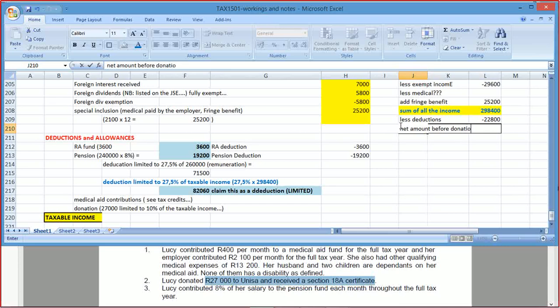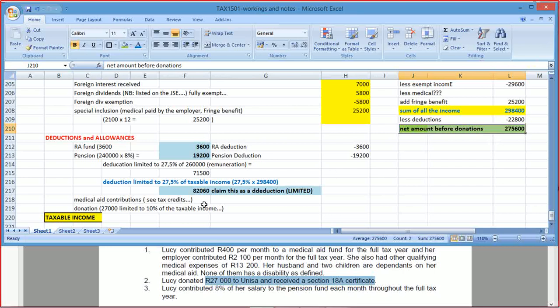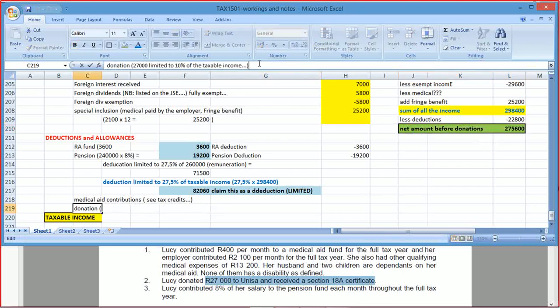So if I'm working out the net amount before donations, I had this total minus that, which gives me 275,600. That was the net amount before any donations. So it would be limited to 10% of that.